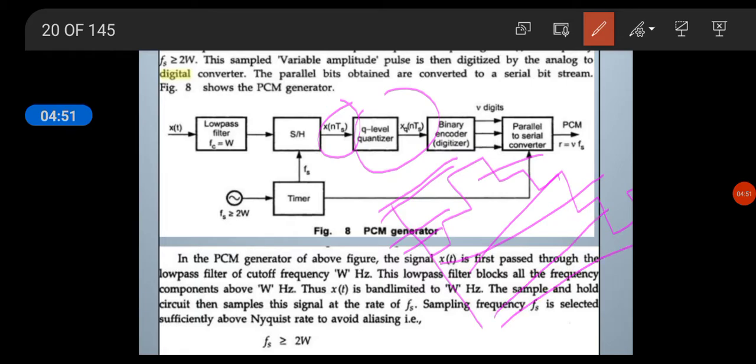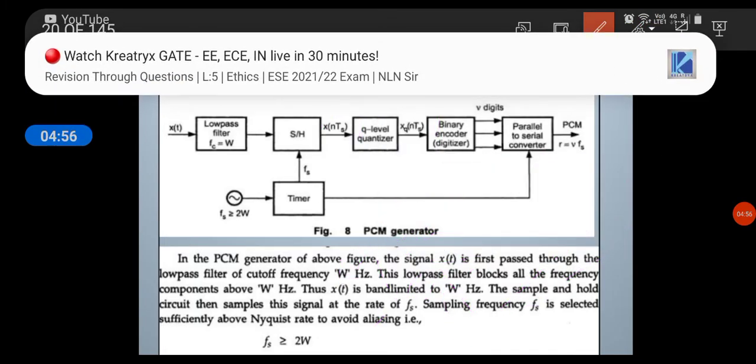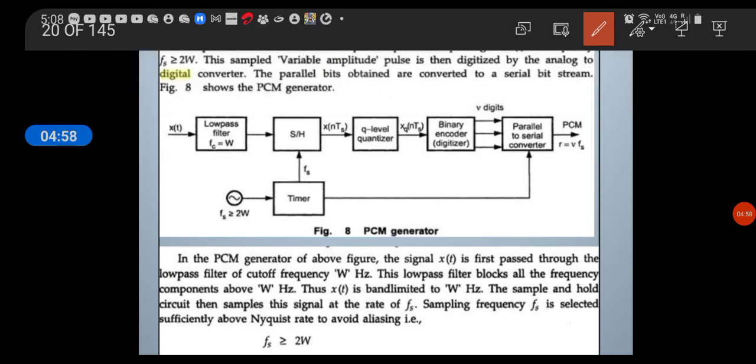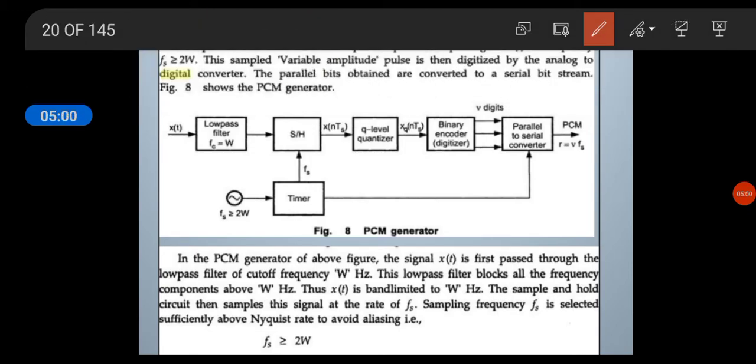So this is a q level quantizer, that is multi-level. This output we consider a multi-level PAM signal. Why do we call this a multi-level PAM signal? Because in each and every step there will be an amplitude. At this instant there will be an amplitude, at different instants there will be an amplitude.